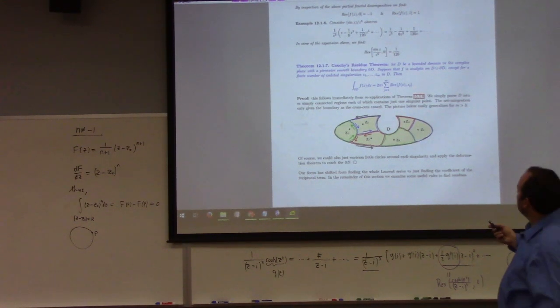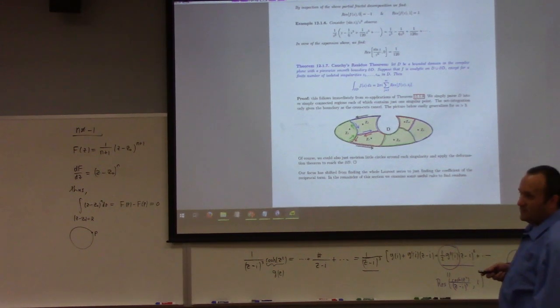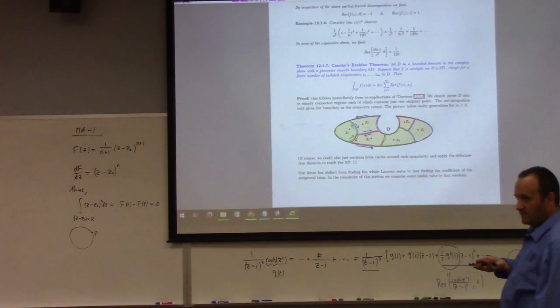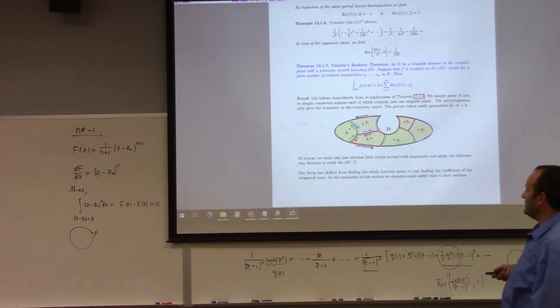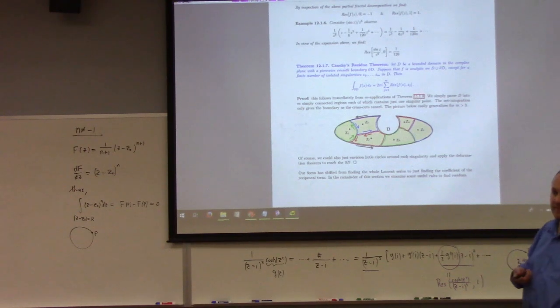It says, let the domain be bounded, suppose the function is holomorphic except for isolated singularities, right? These are supposed to be singularities. We take 2 pi i times the sum of the residues at the singularities. Well, the problem we were just looking at, i is not a singularity of 1 over z. So it wouldn't help us calculate an integral of that function.